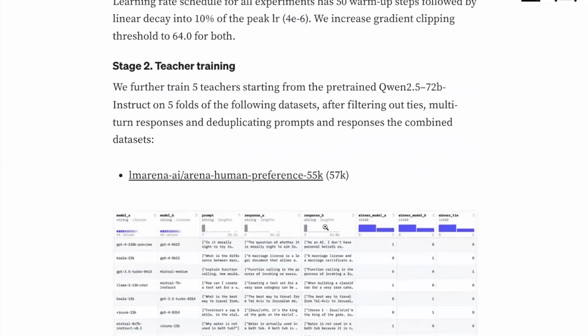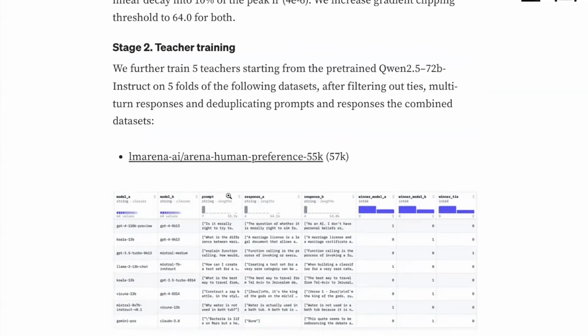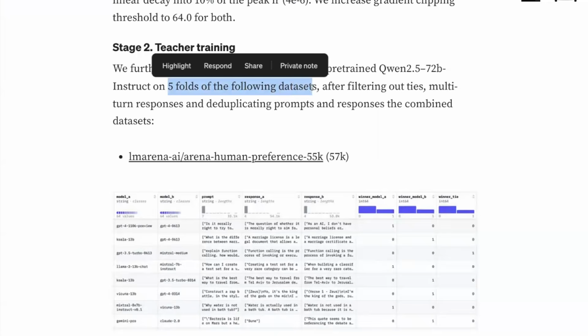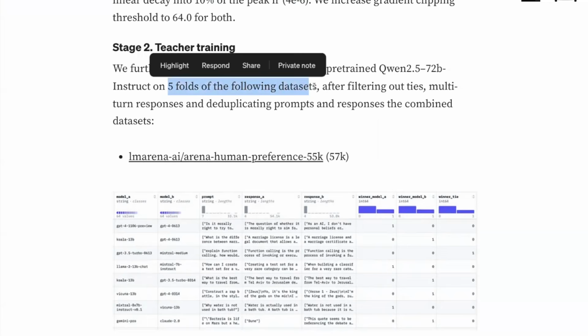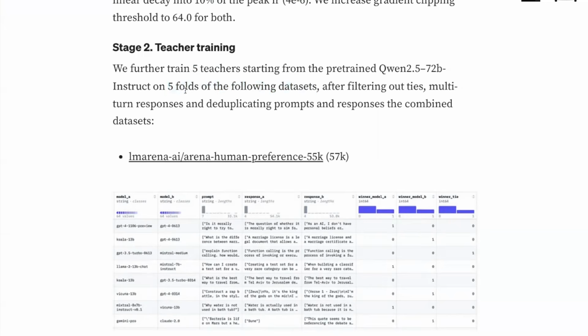And then in the second stage, they focus on teacher training. The end goal of teacher training is to be able to provide labels to train the student model. They do a fivefold split of the data set and train the teacher 5 times. You split the data set into five folds, train the teacher on 4 folds, and then predict on the remaining 1 fold.